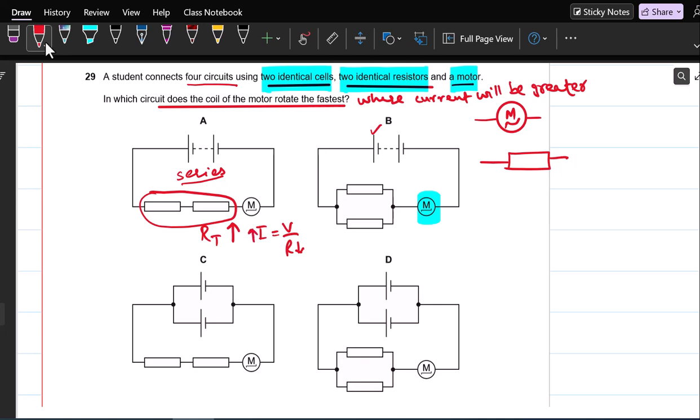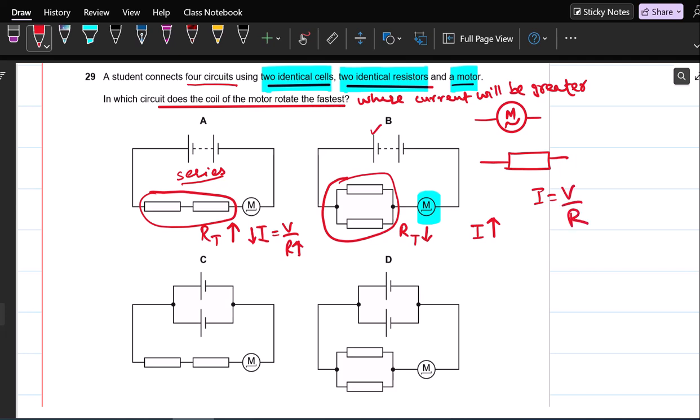Current will be smaller in this circuit because resistance will increase, current will decrease. Here the resistors are connected in parallel. So here total resistance will decrease, so current will increase according to I is equal to V over R, Ohm's law.